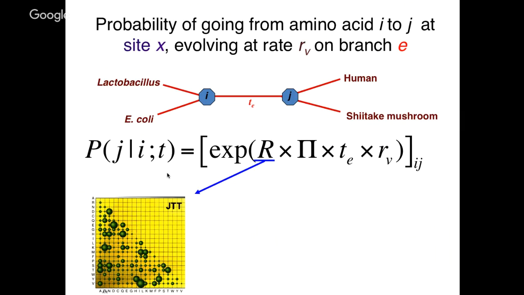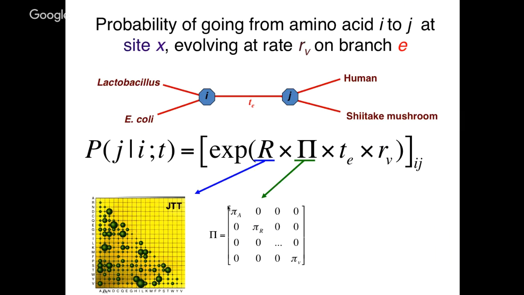But there's also this second feature that I discussed, the equilibrium frequencies of the data set, and that's given here by this capital Pi. This is a diagonal matrix of amino acid frequencies, from A through to V. Here are the diagonal entries in this diagonal matrix. And this is the stationary distribution of the matrix.